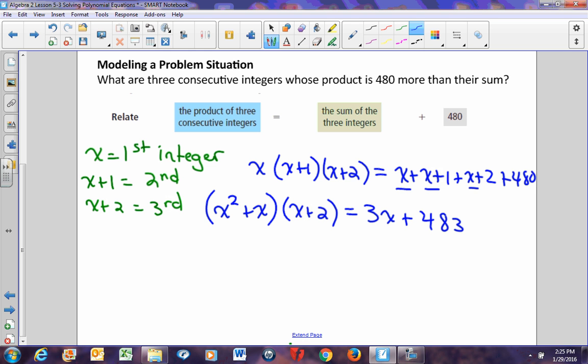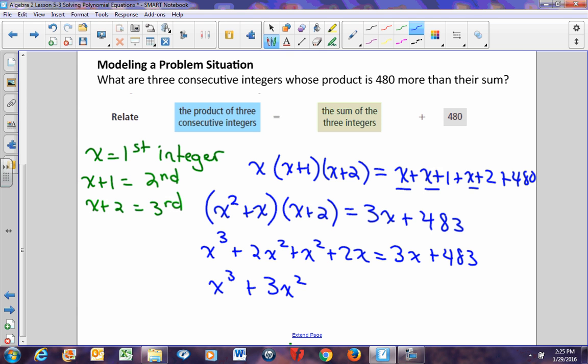Okay. So now I will continue to multiply. Right? So if I multiply the x squared plus x times the x plus 2, that gives me x cubed plus 2x squared plus x squared plus 2x equals 3x plus 483. So then if I simplify this, I get x to the third plus 3x squared plus 2x equals 3x plus 483.